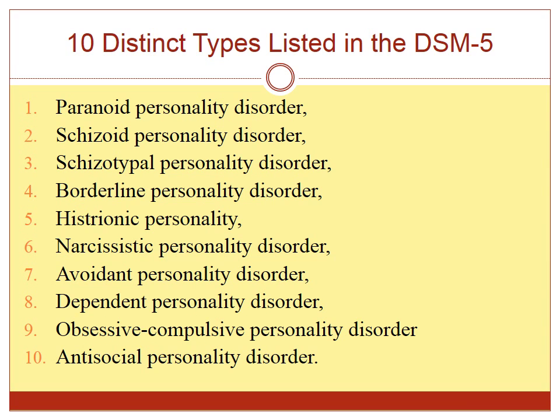There are 10 distinct types of personality disorders listed in the DSM: paranoid personality disorder, schizoid personality disorder, schizotypal personality disorder, borderline personality disorder, histrionic personality disorder, narcissistic personality disorder, avoidant personality disorder, dependent personality disorder, obsessive-compulsive personality disorder, and antisocial personality disorder.